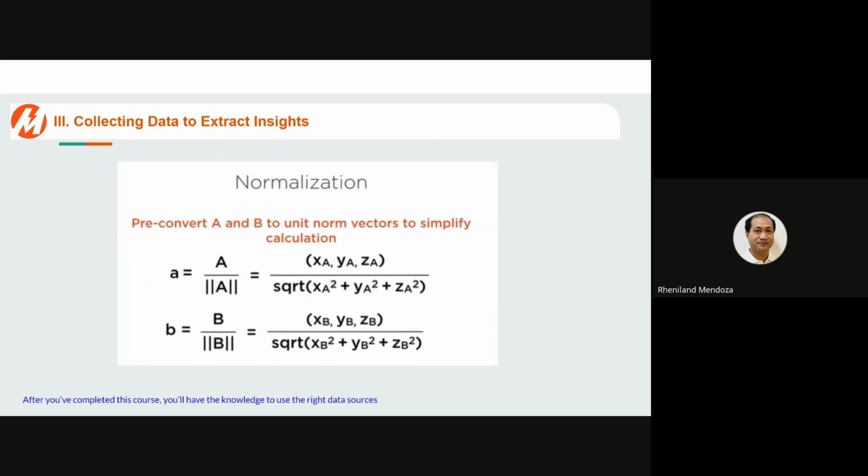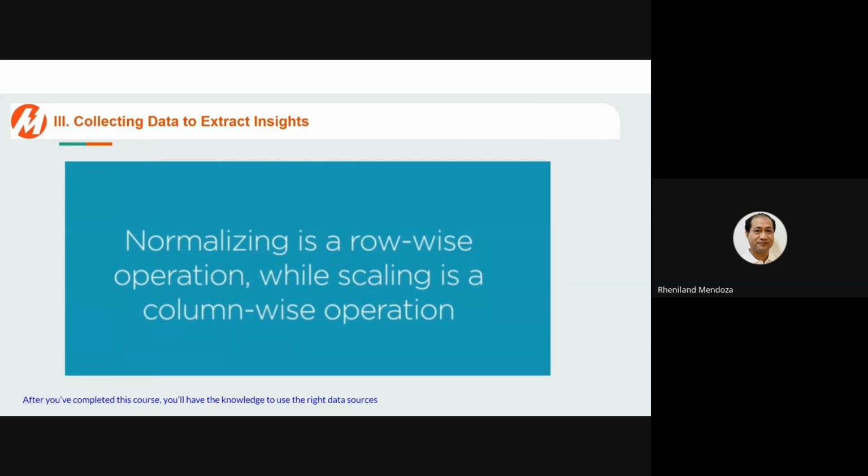And unit norm vectors are obtained when you divide the vector a by its magnitude using the formula that you see here on screen, and the vector b by its magnitude using the same formula. When you pre-convert a and b to unit norm vectors, calculating the cosine similarity becomes very straightforward, and this greatly improves, again, the performance of your ML models.